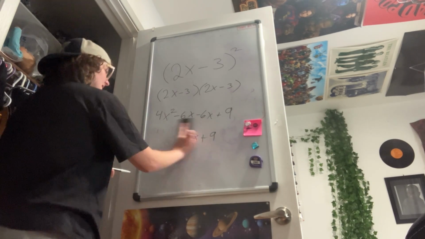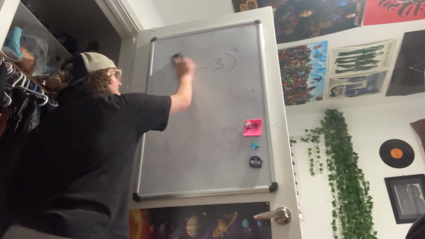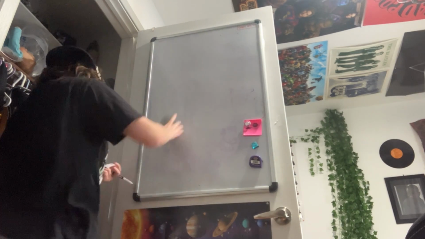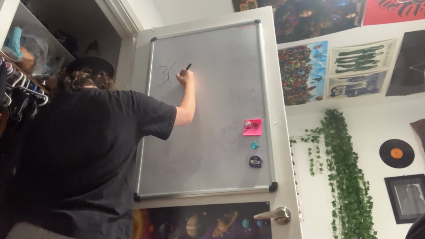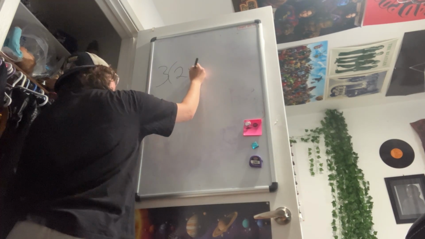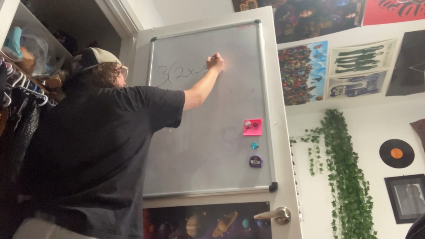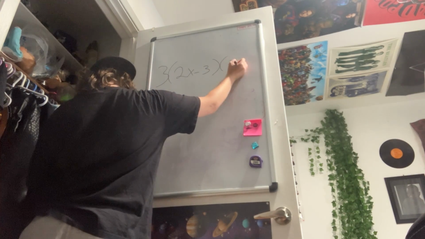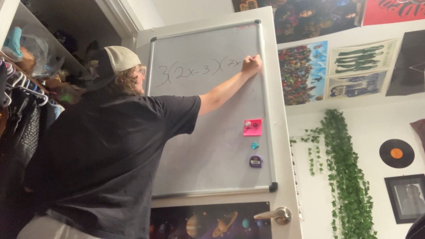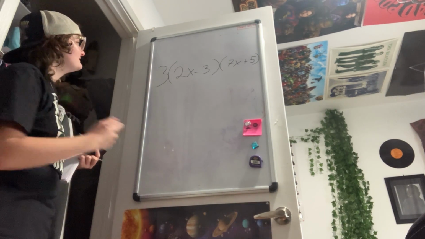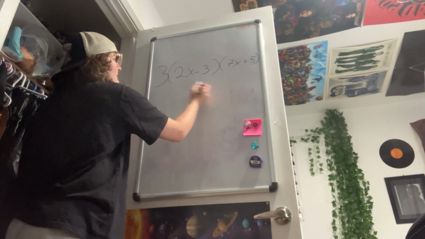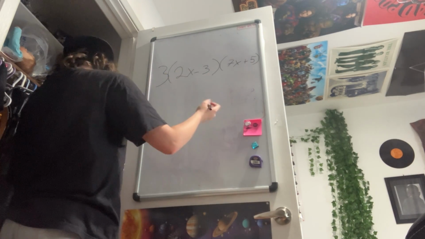The last one I want to take up is if we have something that looks like this, 3 in brackets 2x minus 3 in brackets 7x plus 5. There's a couple ways you could do this, but the way that I think is easiest is you take these two and FOIL them out and then expand the 3 on after.